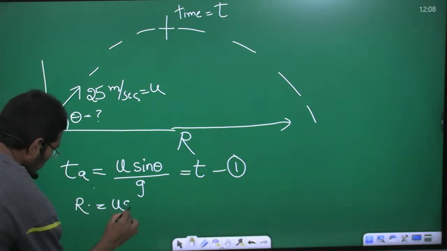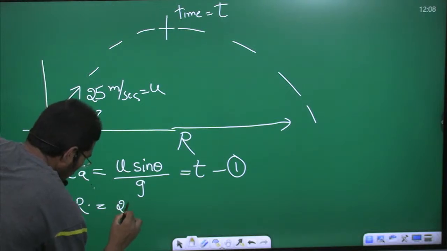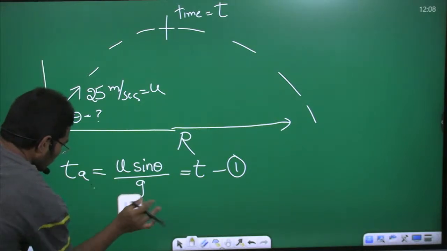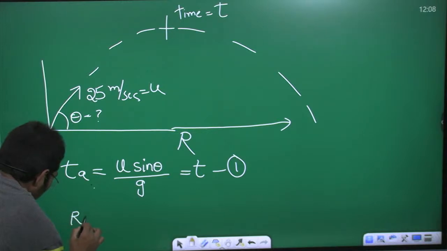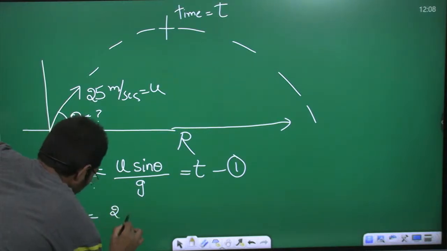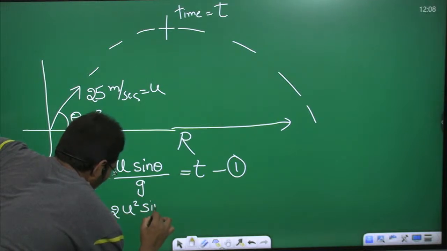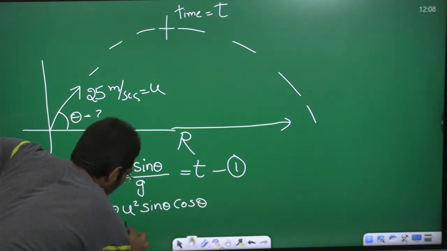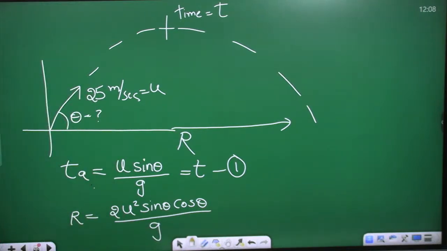Range is 2u square sine theta cos theta by g.